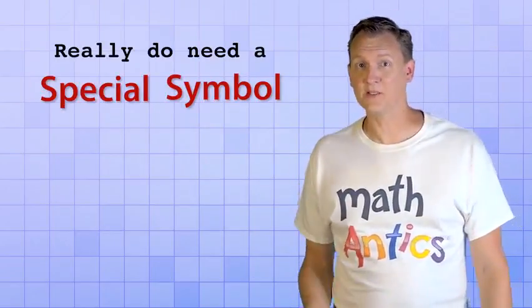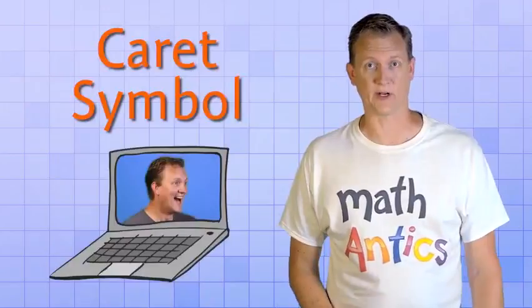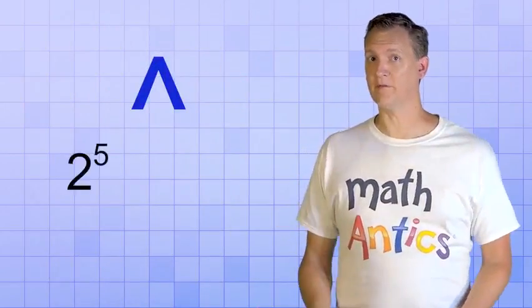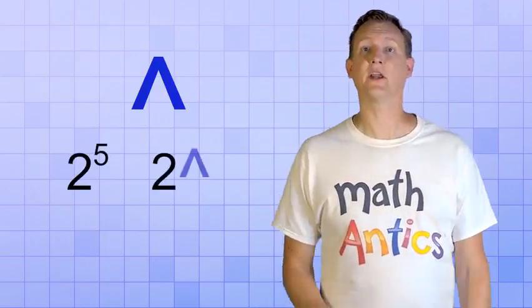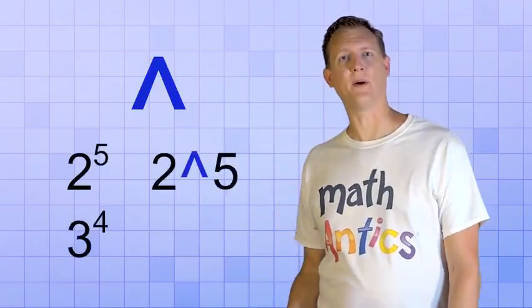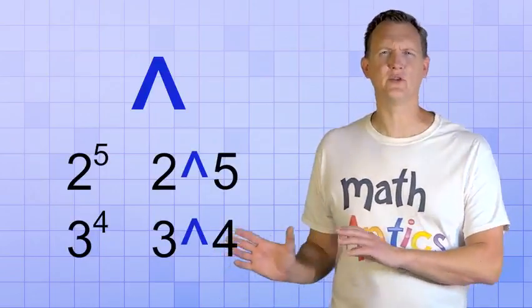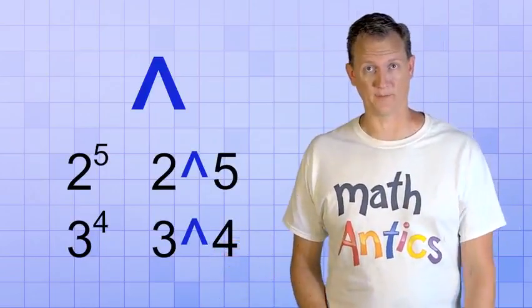Like when you type an exponent into a computer. In that case, it's very common to use the caret symbol as the exponent operator. The caret symbol looks like this. So, 2 to the 5th power would be written as 2 caret 5. And 3 to the 4th power would be written as 3 caret 4. And that notation is used all the time in computer programming.